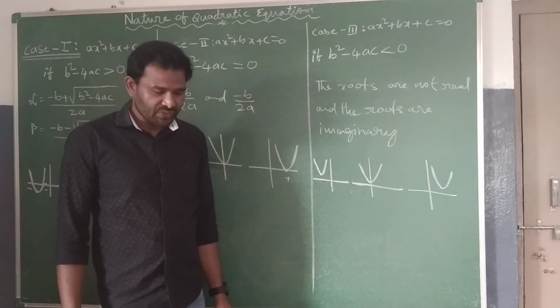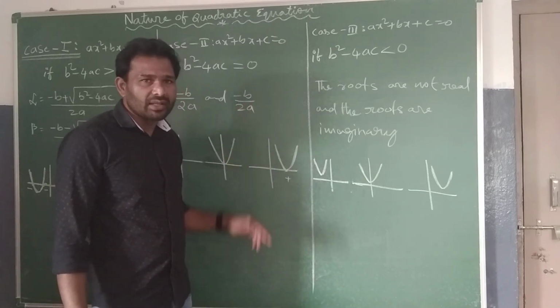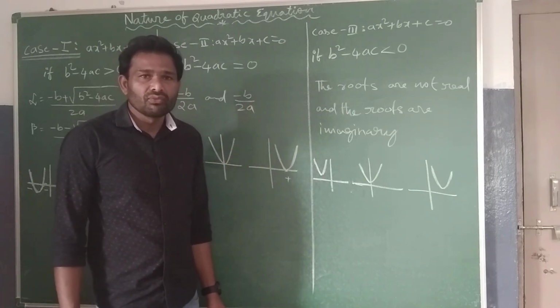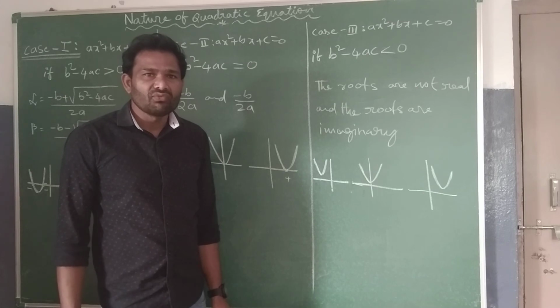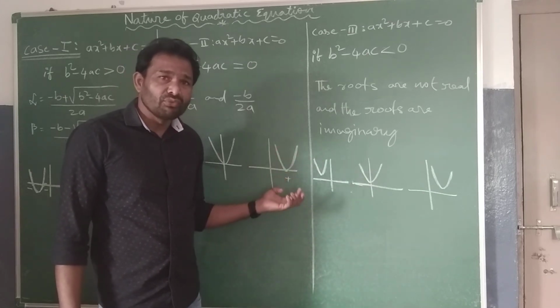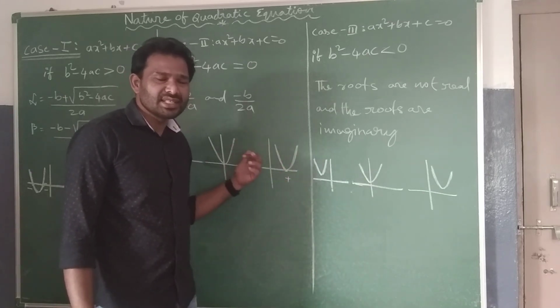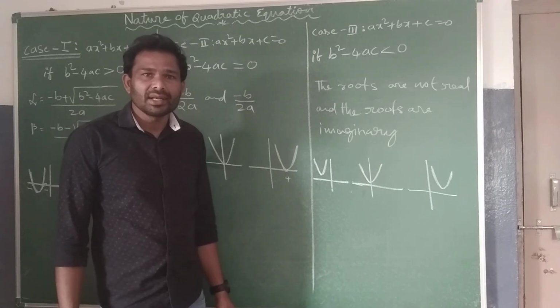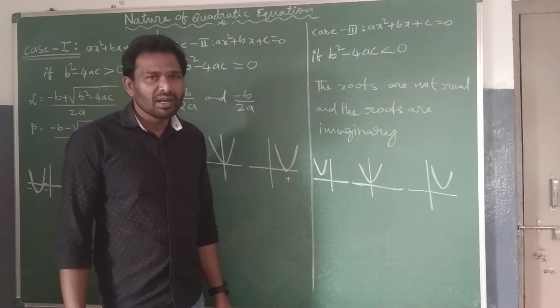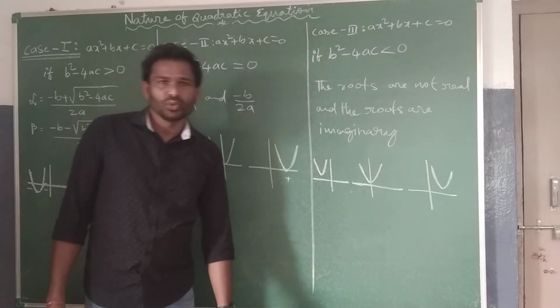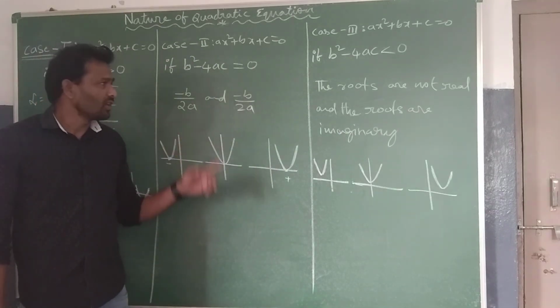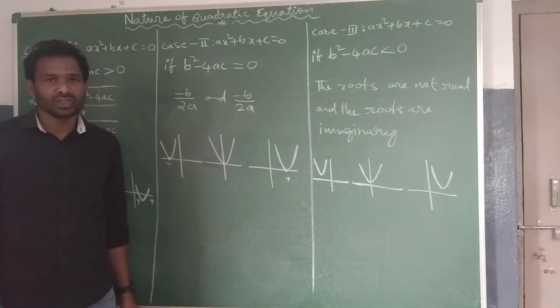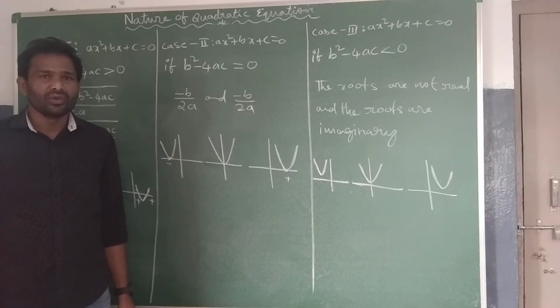So without finding the roots, we can easily say by using this nature of the equations whether the roots are equal, real, or imaginary. Okay children, you have to remember the three conditions. By using these conditions, you have to identify the roots of the quadratic equation.